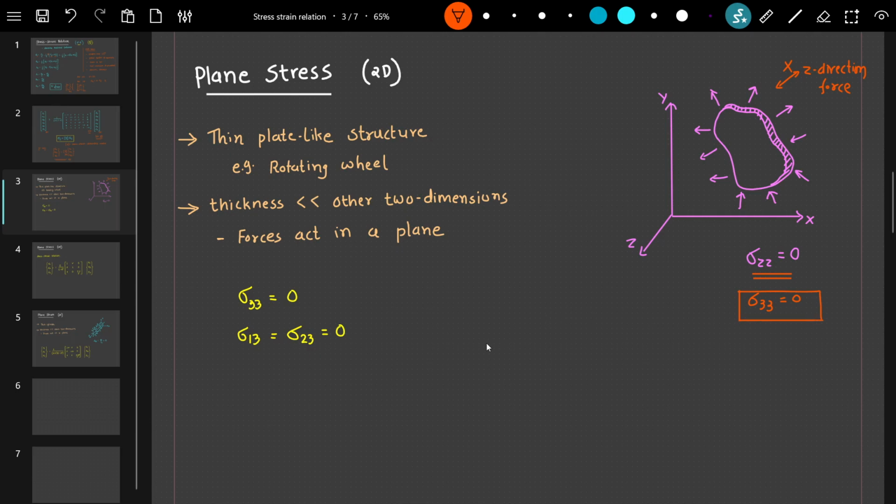So we can understand this from our continuum mechanics, the stress concepts.